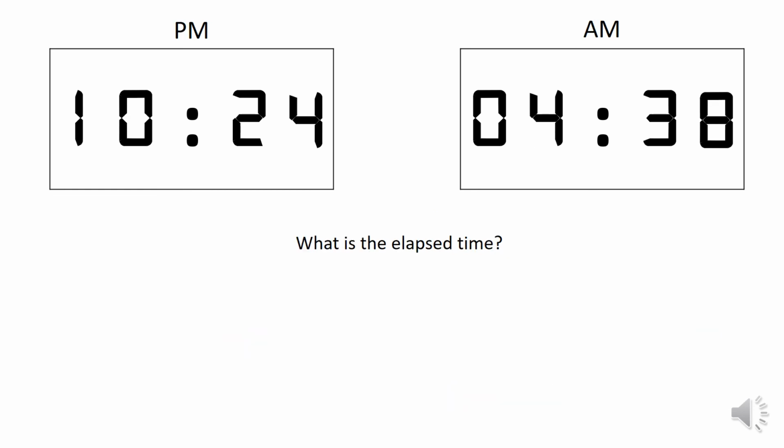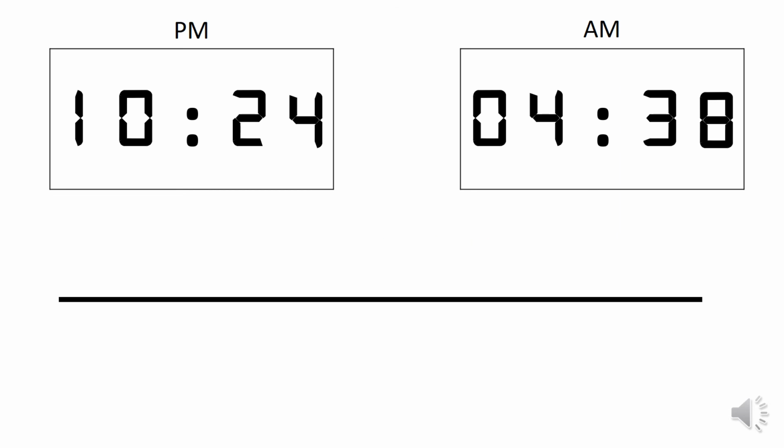How about this one? 10:24 p.m. to 4:38 a.m. What is the elapsed time? Have a go. Take a pause in the video. My number line, my two numbers, my first jump. My first jump is 6 minutes and that gets me to 10:30.